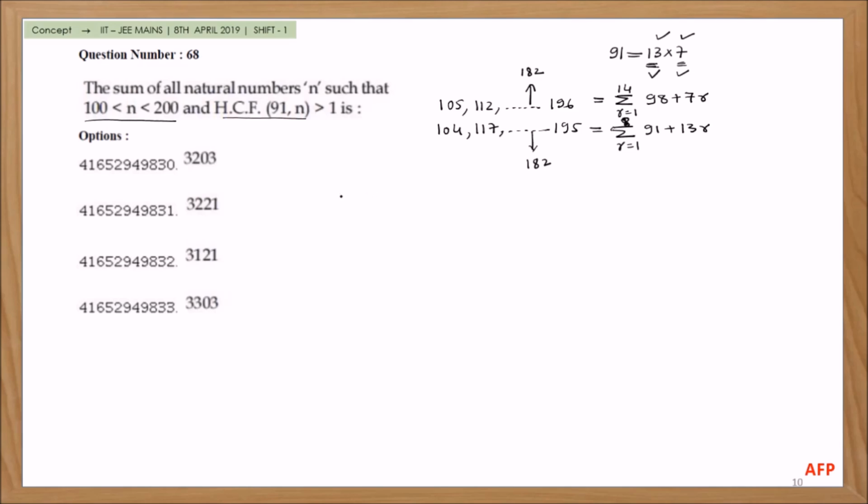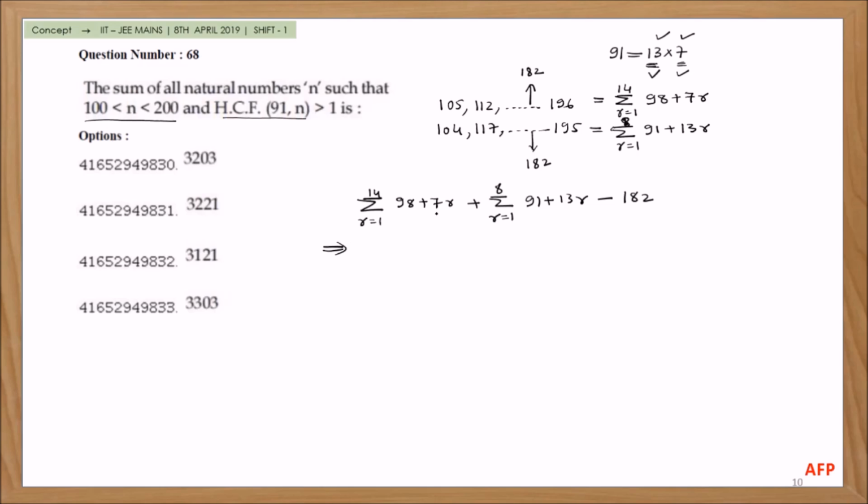Now I will write once again: summation of 98 plus 7r, r from 1 to 14, plus summation of 91 plus 13r, r from 1 to 8, and minus 182, because if you add it on both sides it will become 2 times. So 2 times if you add, one time we subtract.